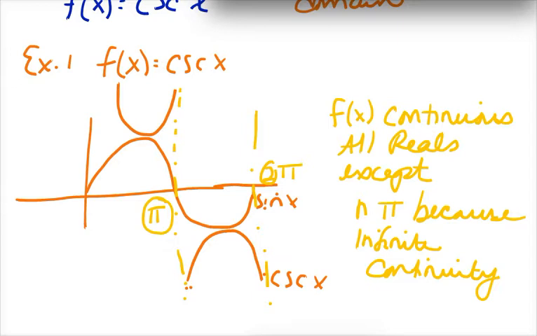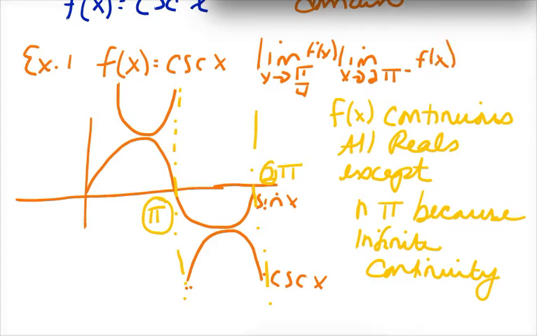Let's look at the limit for this example. We were asked to look at the limit as x approaches pi over 4, and you were asked to look at the limit as x approaches 2 pi from the left. So let's look at those two limits now.